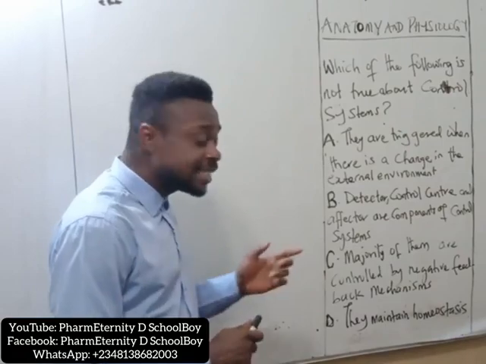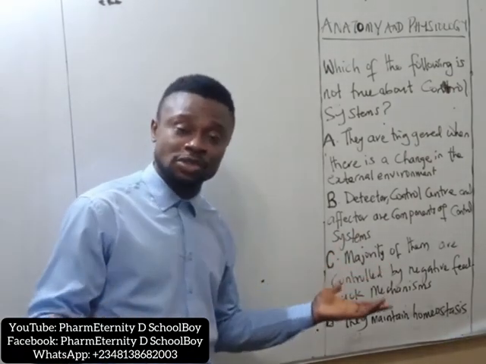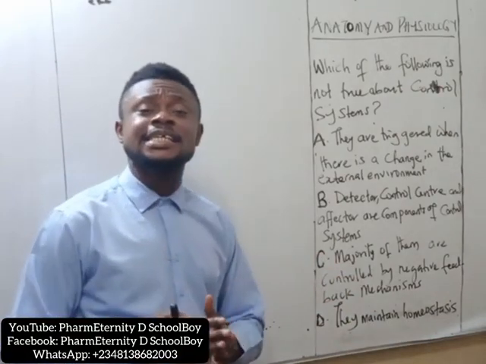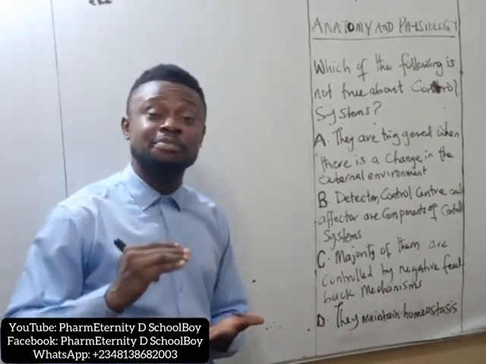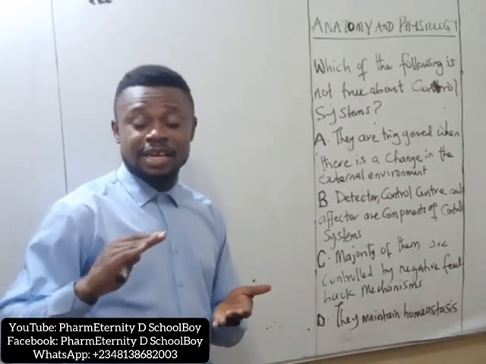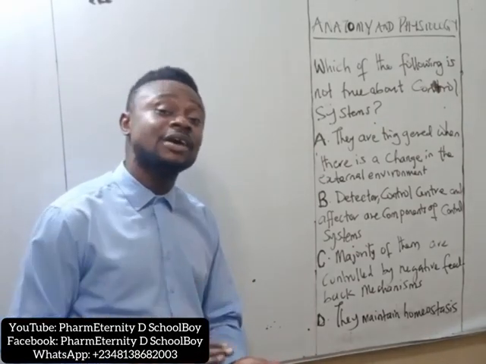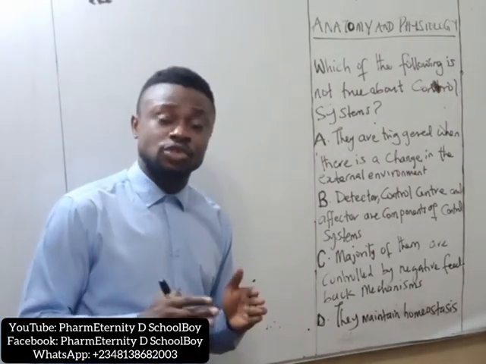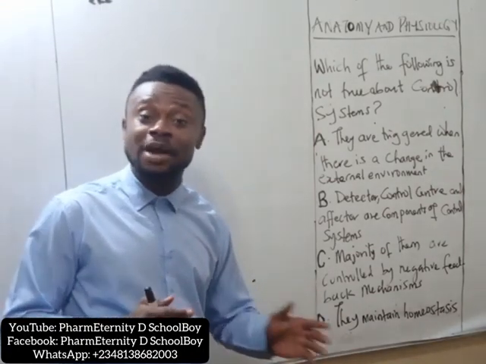Now, an example of such is, take a look at blood glucose level. When the blood glucose level increases beyond the normal range, the control system will be triggered to bring down the blood glucose level to a value that is within the normal range.